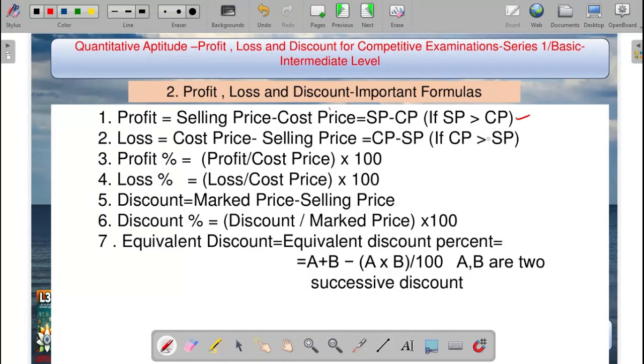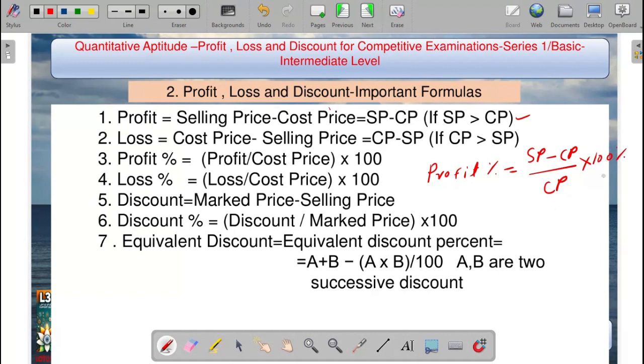Now, what will be the profit percentage? First we will find out the profit. How much is the profit? Profit is selling price minus cost price, divided by the original price, that is cost price, into 100%.